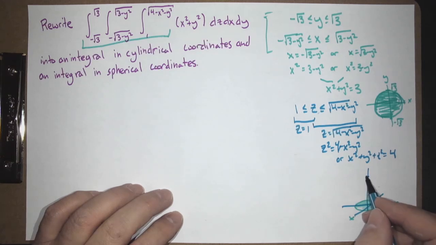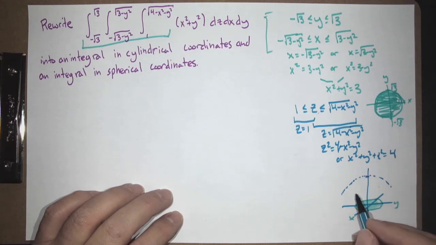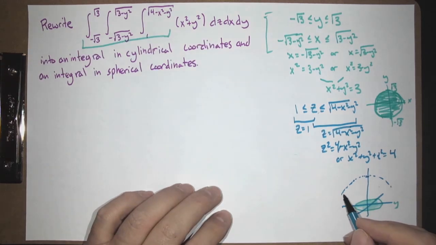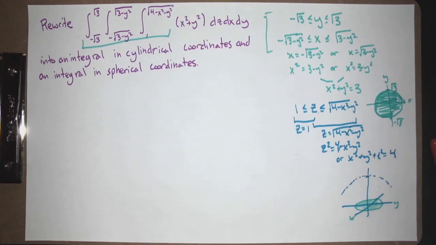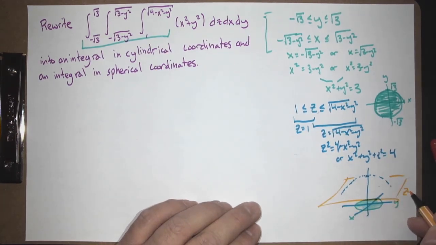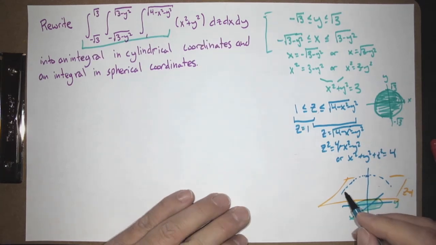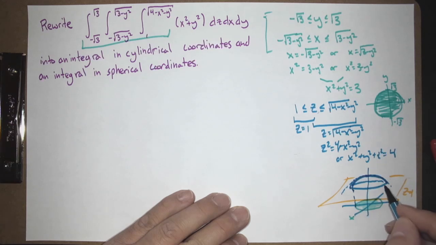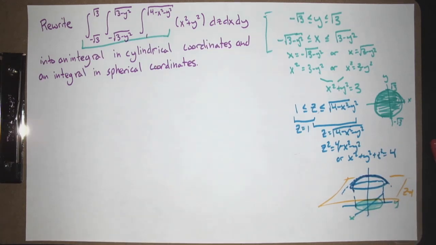I'll lightly mark some of it. But we don't want the whole thing. We want just the part that's above z equals 1. So there's this plane, z equals 1, and we are above there.